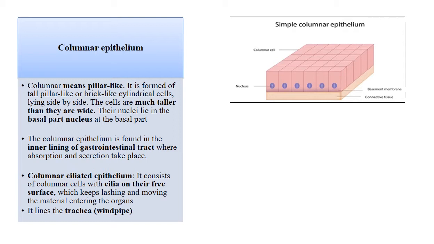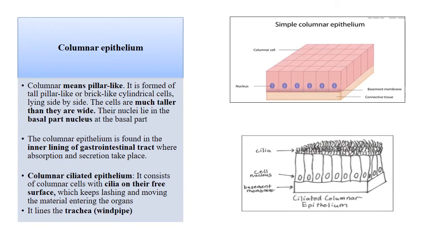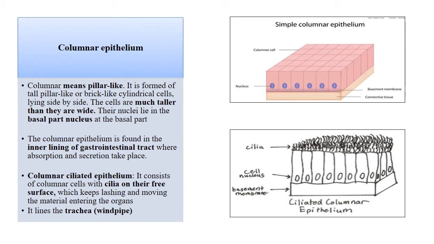The columnar epithelium is found in the inner lining of gastrointestinal tract where absorption and secretion takes place. Columnar ciliated epithelium. It consists of columnar cells with cilia on their free surface, which keeps lashing and moving the material entering the organs. It lines the trachea or the windpipe.